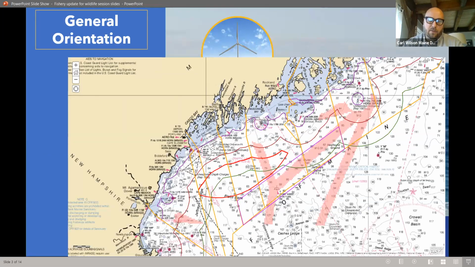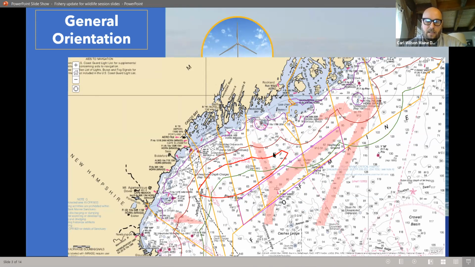So taking the big view, outlined in red is the area of interest. And just from this perspective, you can see that we're in the southern half of the coast of Maine. The area is anchored on the southern end by Platts Bank here that I'm circling. On the western side, Jeffreys Ledge.